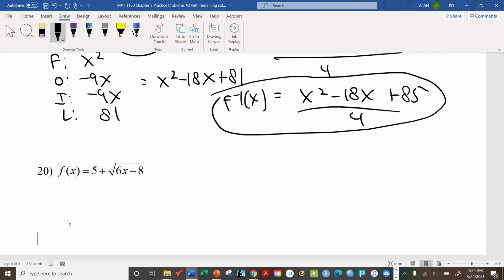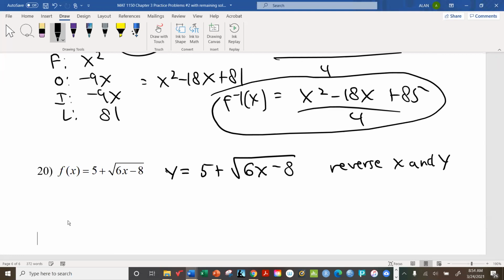All right. So of course, first things first, write this out as y equals 5 plus radical 6x minus 8. Reverse x and y. This becomes x equals 5 plus radical 6y minus 8. And now solve for y.